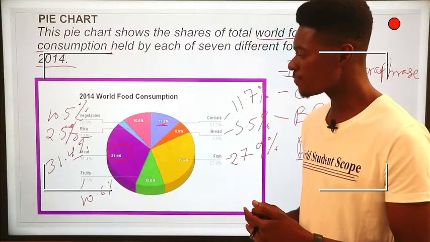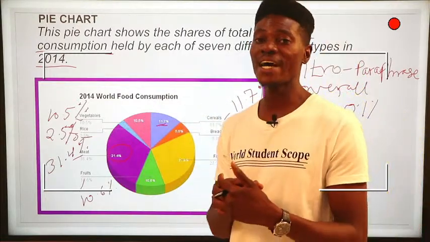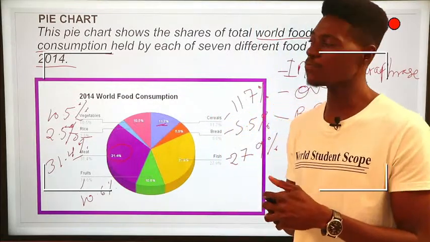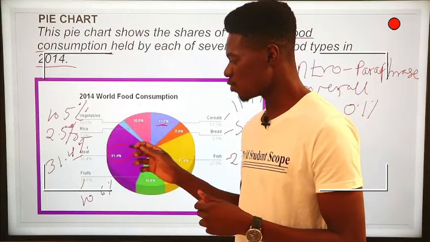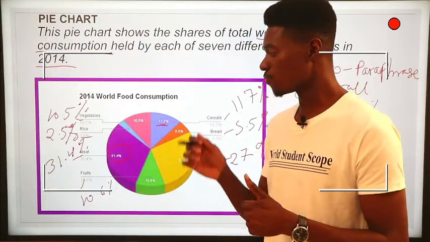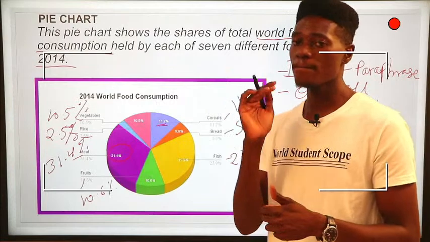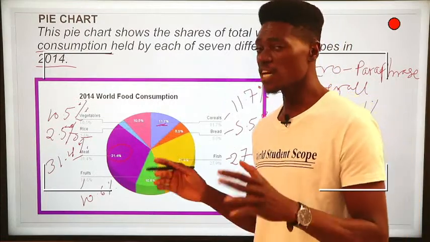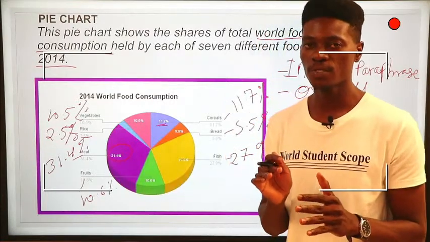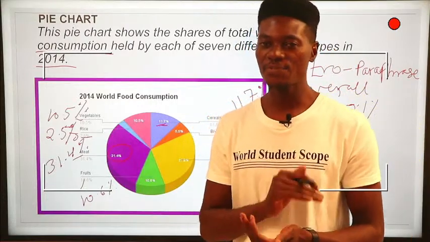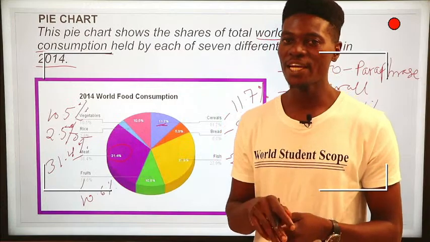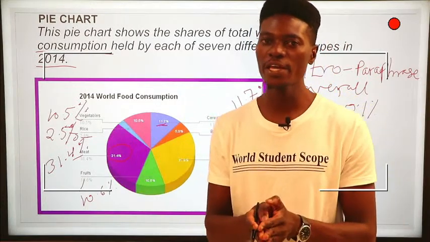Moreover, it can be found that meat was the highest type of food consumed in 2014, whereby it was given the datum of 31.4%. That's how we're going to write in BP2. It's not a very difficult task.